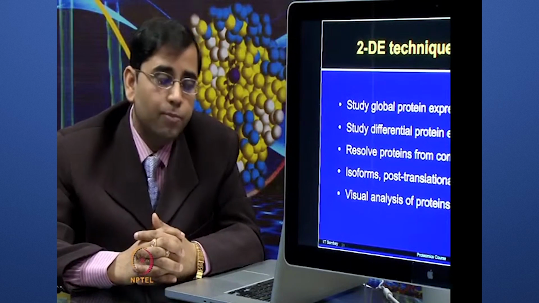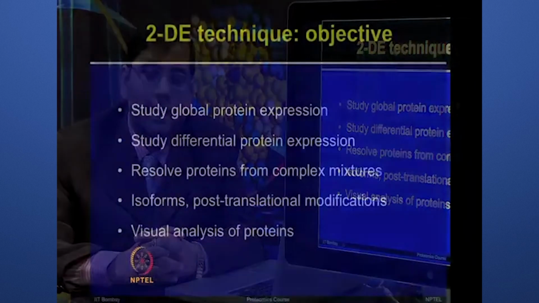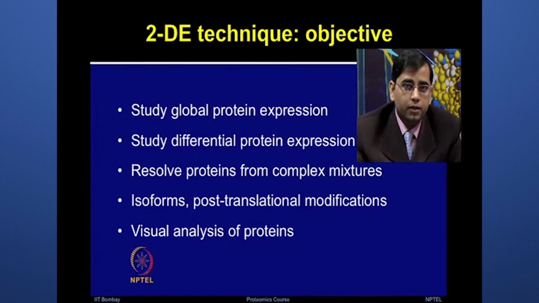Second thing, which is most commonly being used, is you want to compare the protein abundance from a given sample to a treatment sample. So, that is known as differential protein expression, also known as abundance-based proteomics.